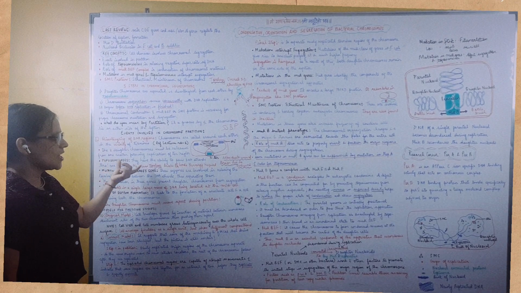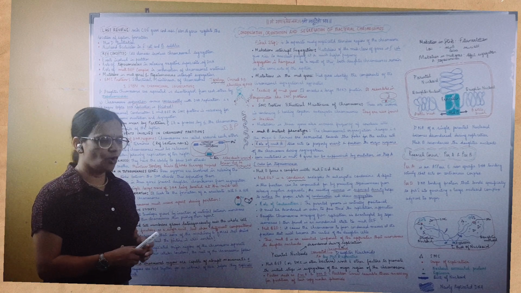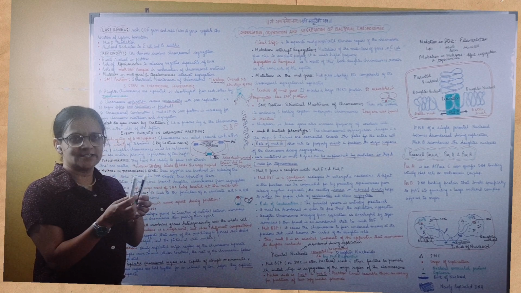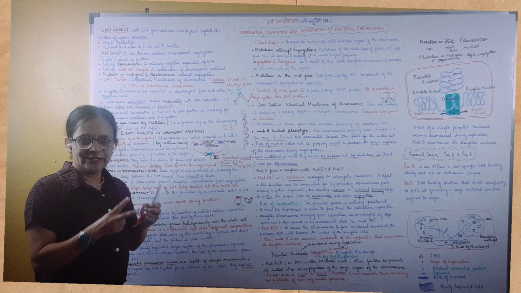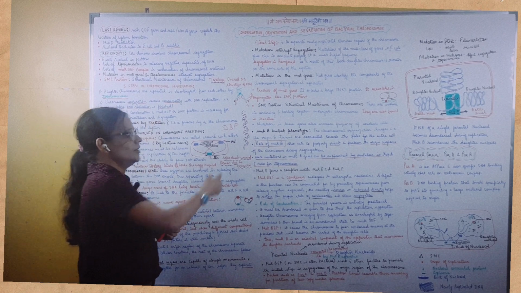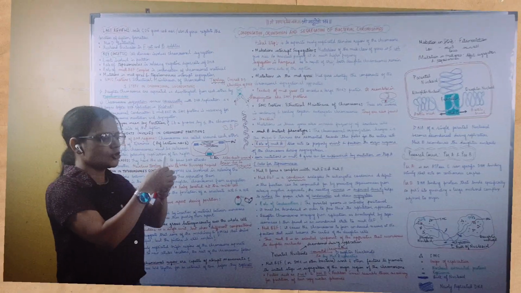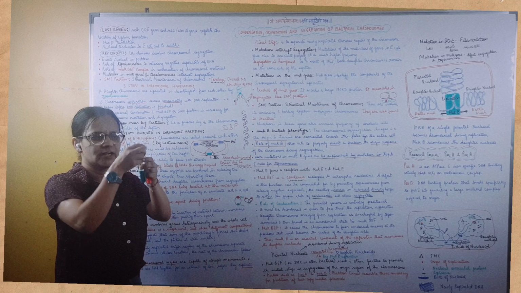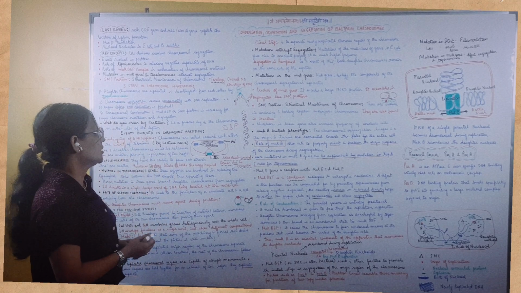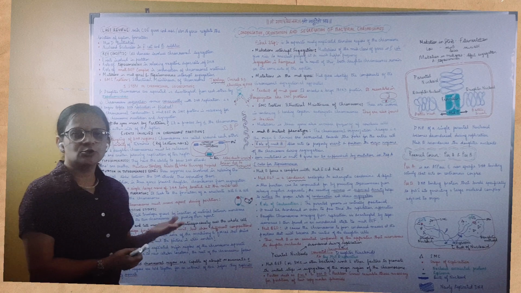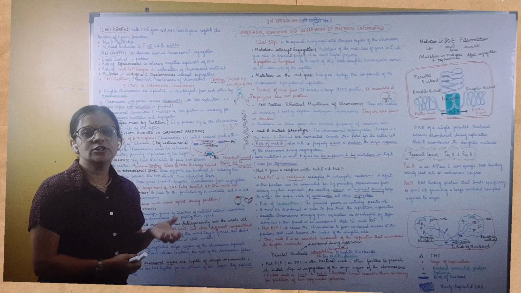Now, since topoisomerase enzymes are involved in separating the two DNA strands, as I said, they will unwind the two DNA strands by breaking the phosphate bonds. As the phosphate bonds of the two strands break, this unwinding will take place and the two strands will separate. But if there is a mutation in the topoisomerase gene, this will not happen.